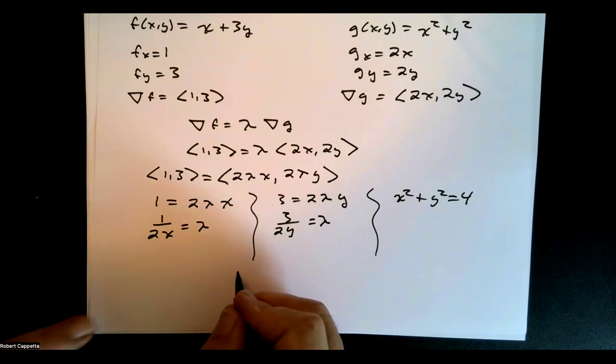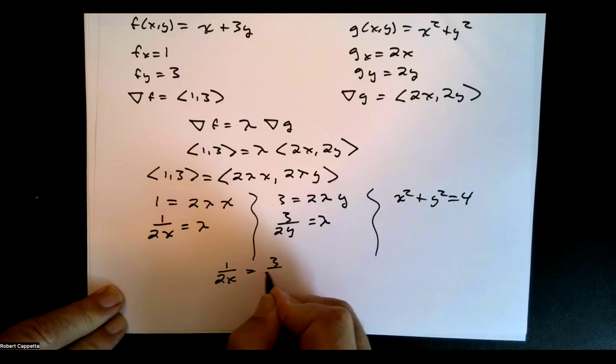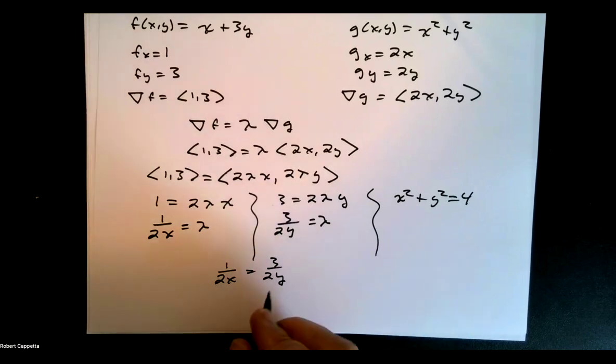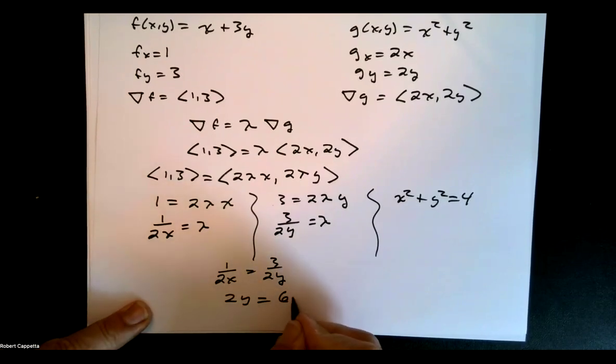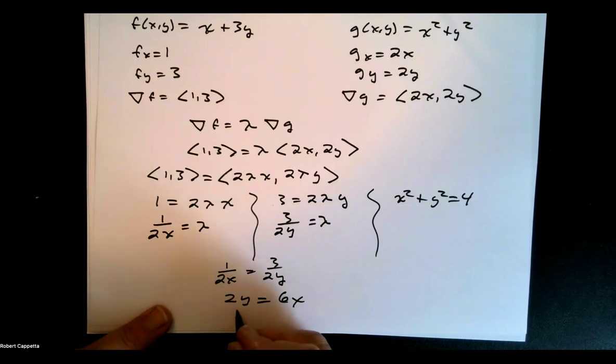So if that's the case, 1 over 2x equals 3 over 2y. So we have this requirement as well as x squared plus y squared equals 4. So where do we go from there? So 2y equals 6x, which would tell me then that y equals 3x.